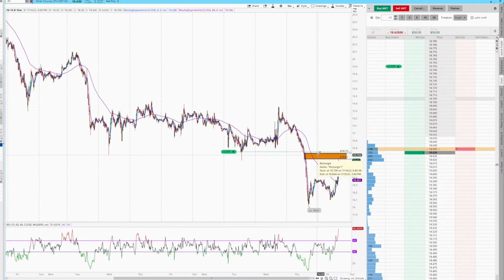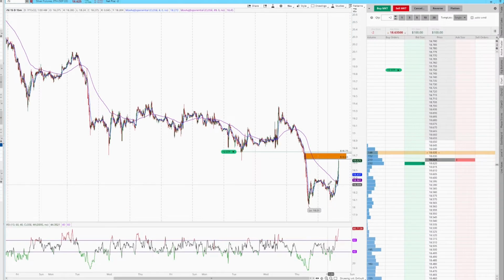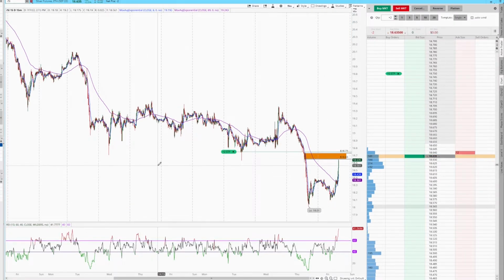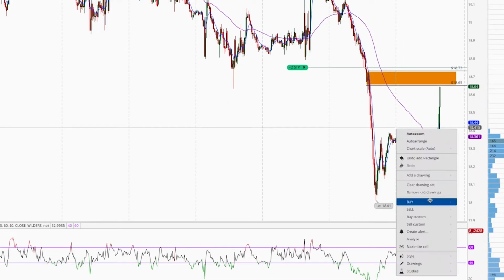Now, the opposite side of that is that we're at 80 on the RSI, which is extremely strong into this area. So I decided to take this trade, but instead of taking a regular size position, I've only got 2 contracts on. And what has to happen is my first target has to be right here.